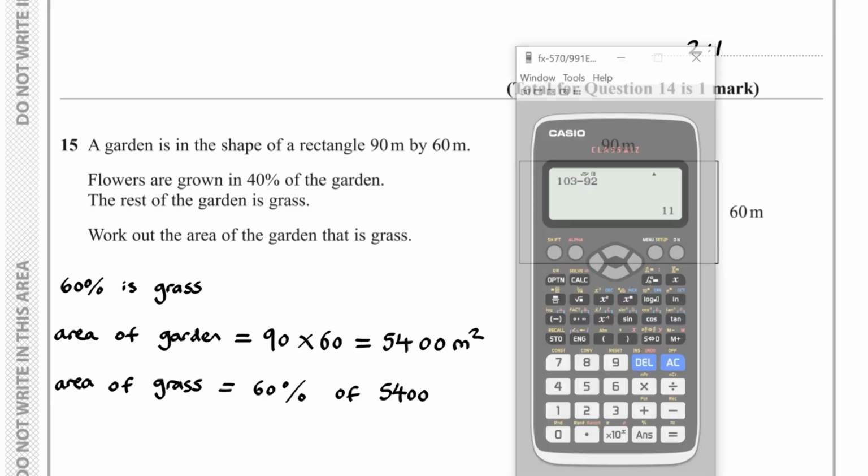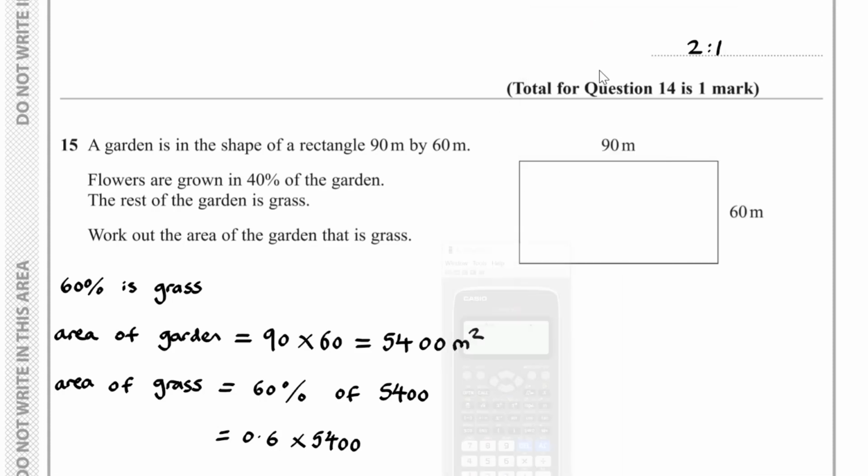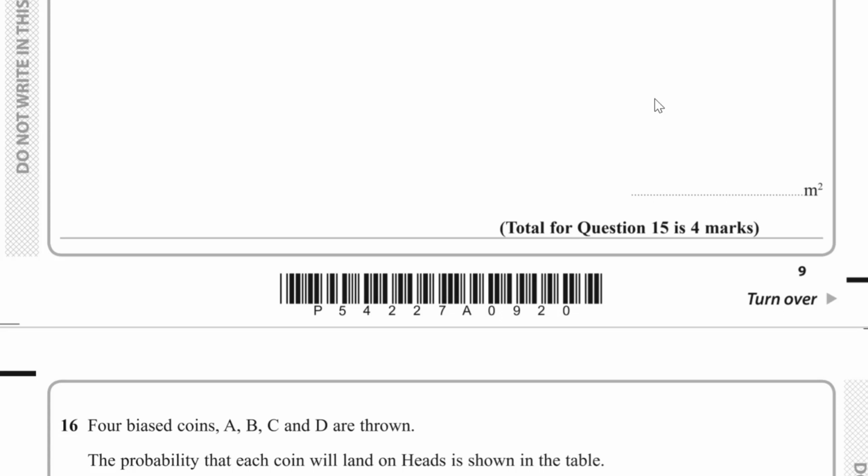Well, 60% represents 60 divided by 100, which is 0.6 as a decimal. So here we have 0.6 multiplied by 5,400. It turns out we get 3240. So therefore we end up with our final answer, 3240.